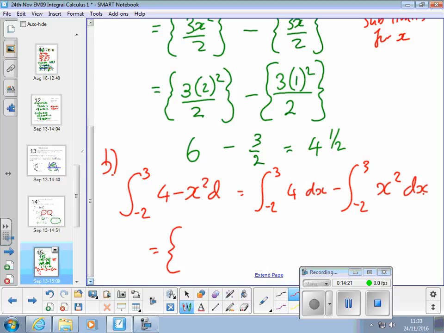Integral of the constant 4 is, if we integrate the constant 4, what do we get? 4x minus, if we integrate x squared, add 1 to the index, divide by the new index. Close the brackets, put the limits in.